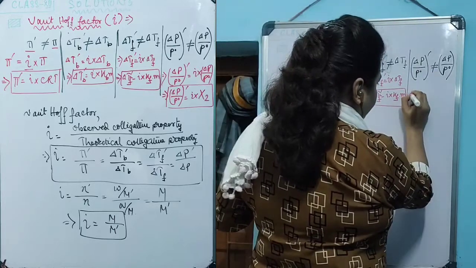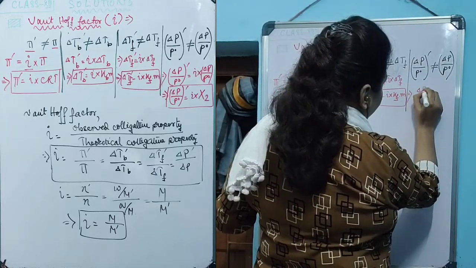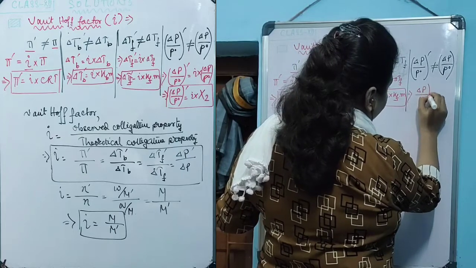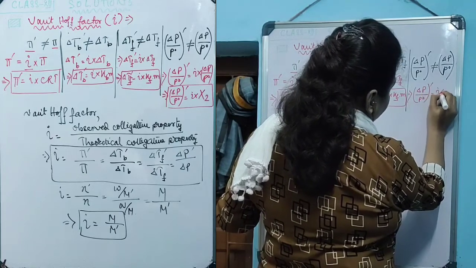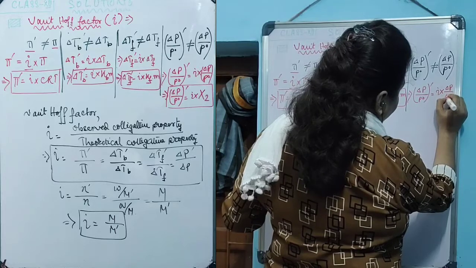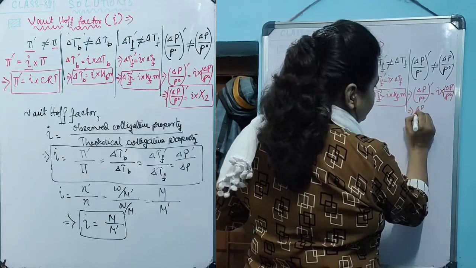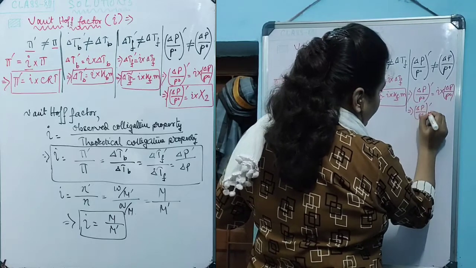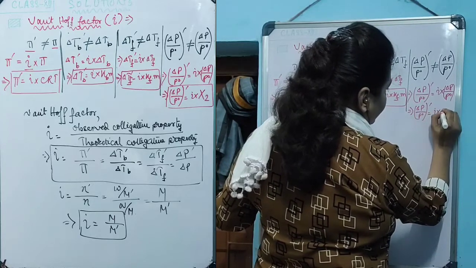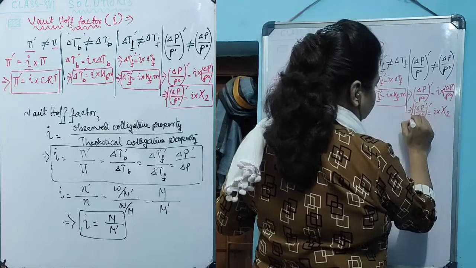And for relative lowering of vapor pressure, delta P by P naught prime equals i multiplied by delta P by P naught, or delta P by P naught prime equals i multiplied by X2.